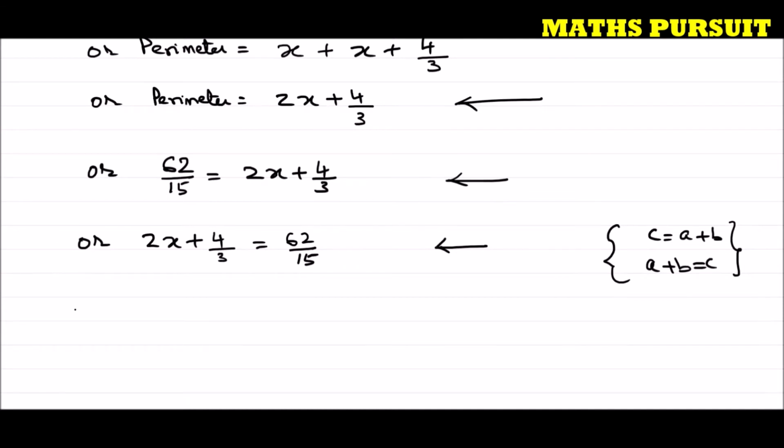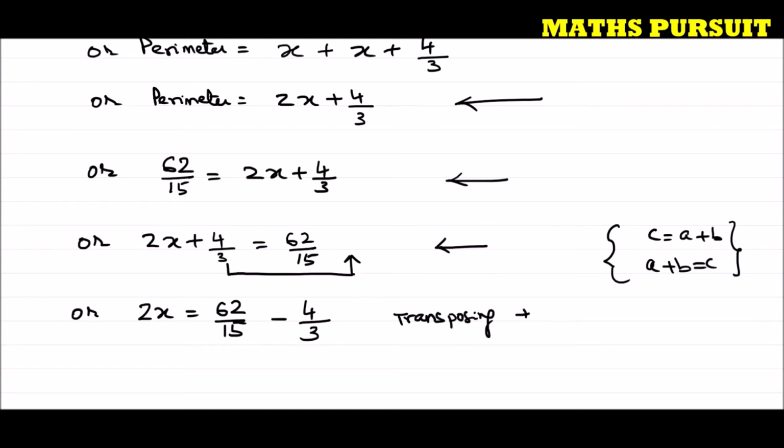Or I can write 2x is equal to 62 upon 15 minus 4 upon 3. How? Moving this 4 upon 3 to the right side of the equation, that means I am transposing plus 4 upon 3 from the left hand side to the right hand side.